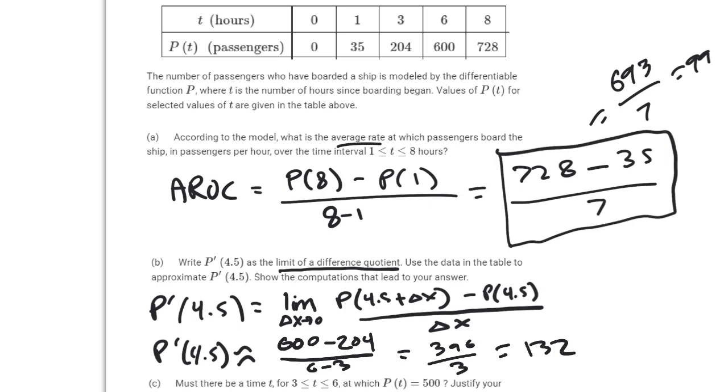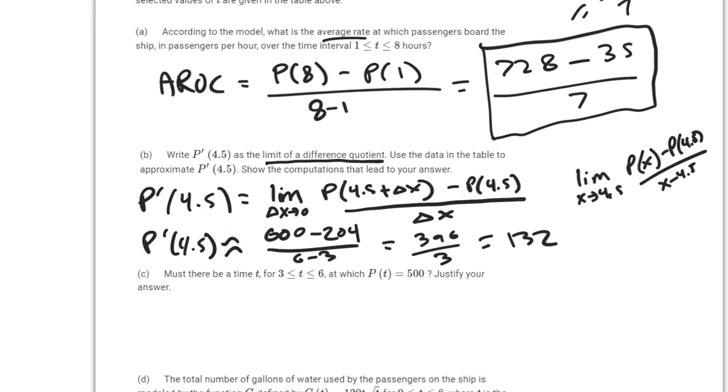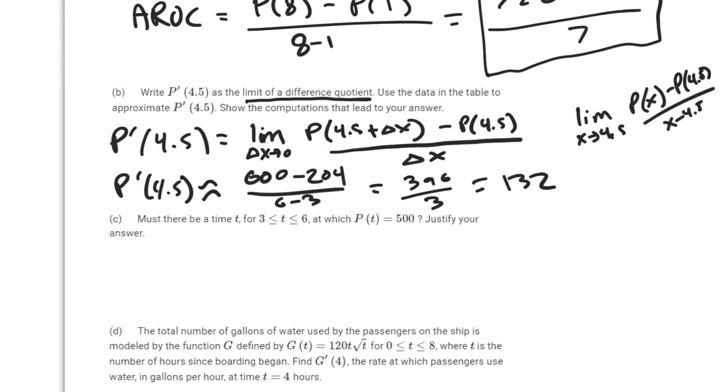All right, another option for the first part of this would be using the alternative form, which looks like this: limit as x approaches 4.5 of p of x minus p of 4.5 over x minus 4.5. That's your alternate answer to the first part with the p of 4.5 plus delta x.